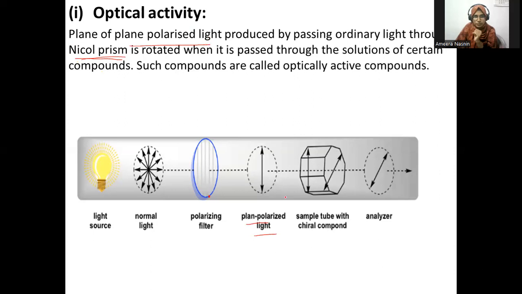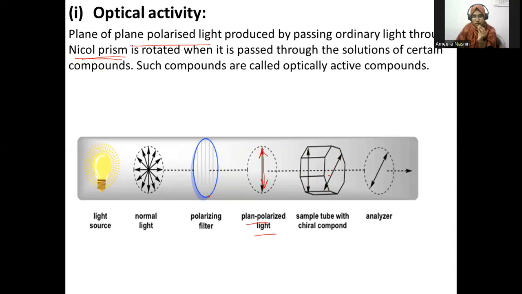And this is the plane of plane polarized light. And when we pass this plane polarized light through a chiral compound or a solution of a sample, the plane will get rotated by a certain angle.